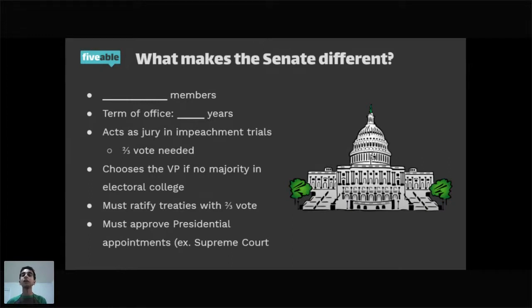Additionally, all federal judges, not only Supreme Court judges, but district court judges, circuit court judges, all of these judges have to be approved by the Senate. A lot of times we only see the high profile ones like the Supreme Court nominations because the other ones tend to go through pretty quickly. But you have to remember that basically anyone that the president appoints, the Senate has to confirm them.